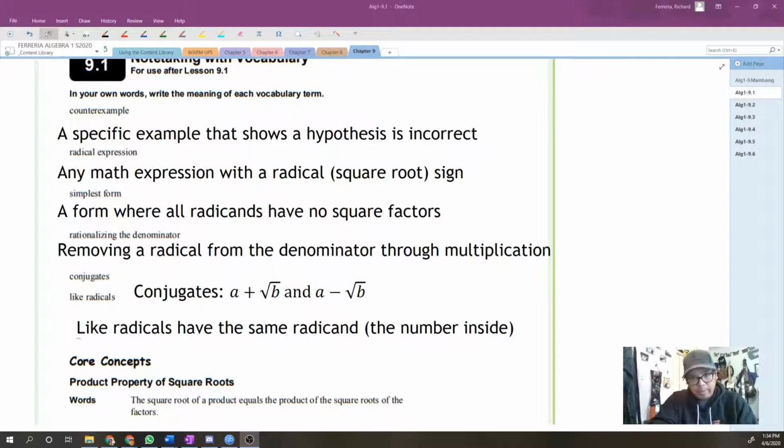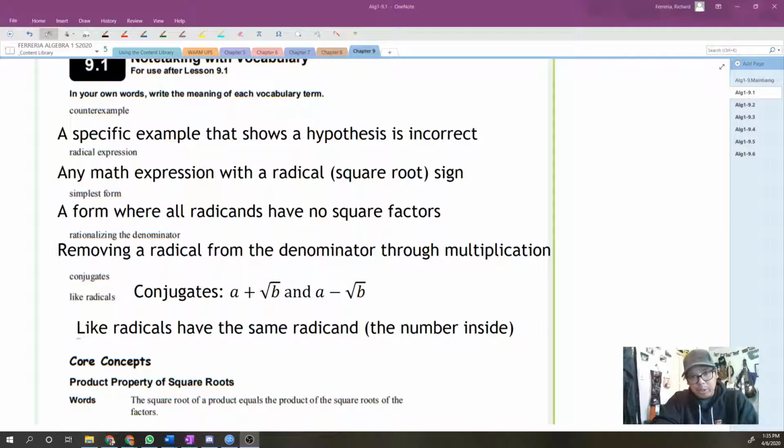Rationalizing, which we'll do later, is a process of removing a radical from a denominator through multiplication. And the reason why we use rationalization is because it's so much easier to divide by a whole number than it is to divide by a radical. Conjugates are special pairs of radical expressions.